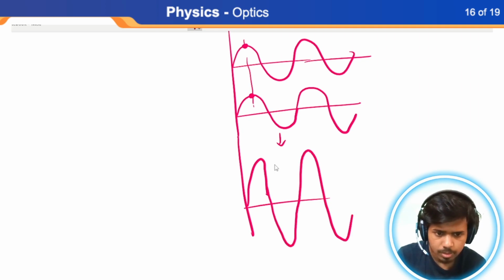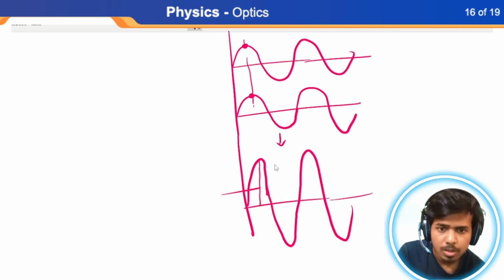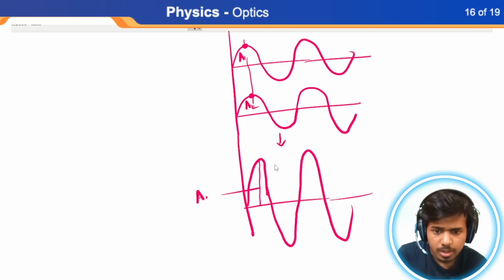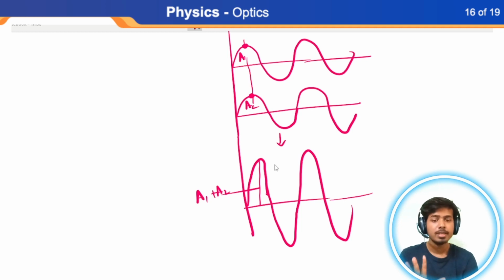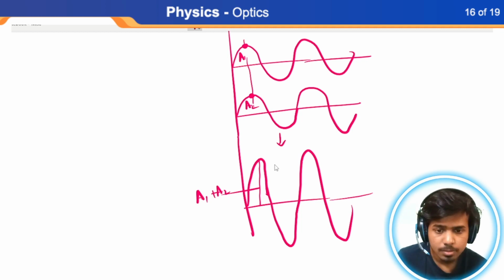So basically the amplitudes get added up, this A1 and this A2. So A1 plus A2, right? This is a constructive interference.